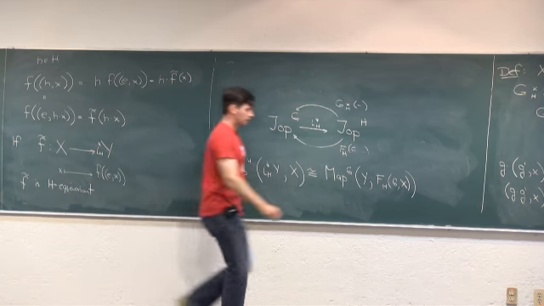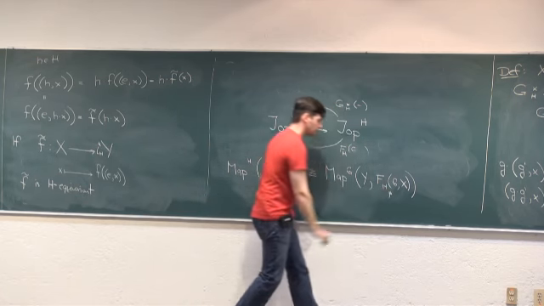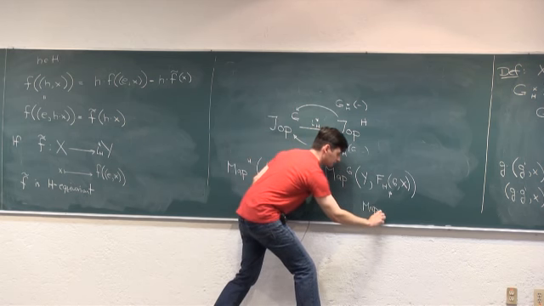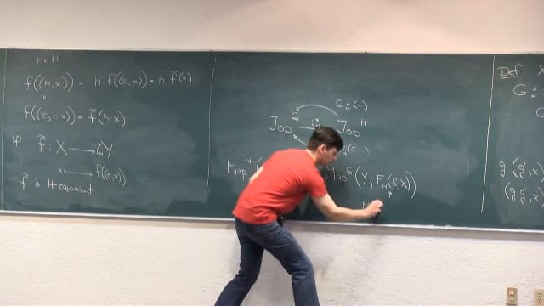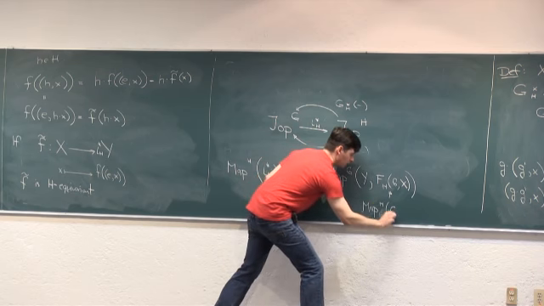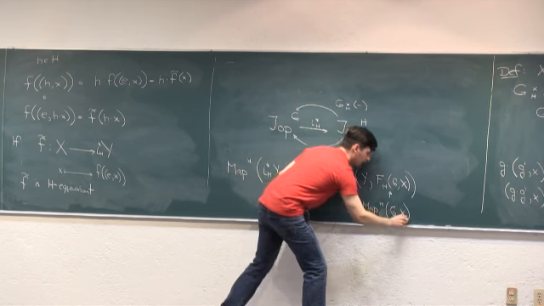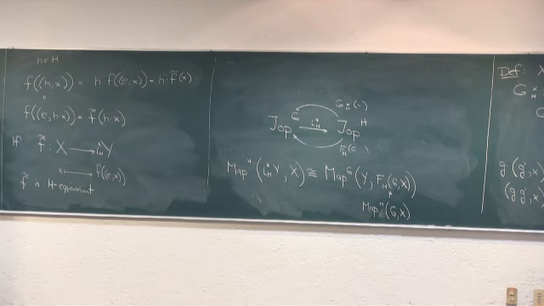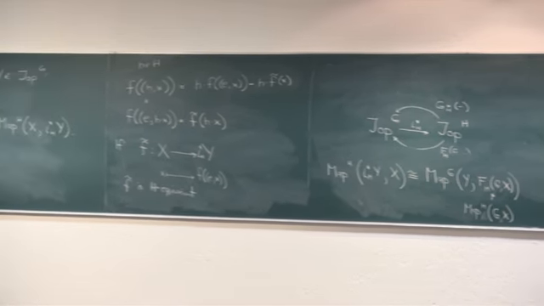And so now I can say what this is. This is just H maps from G into X. And if you trace through, you'll get the same thing.